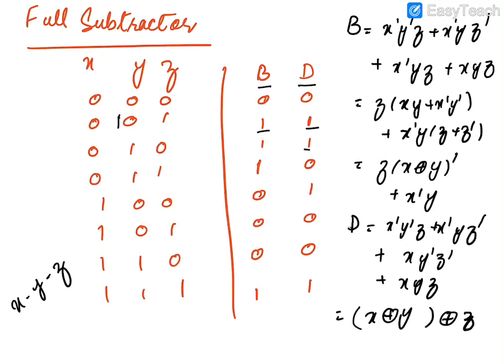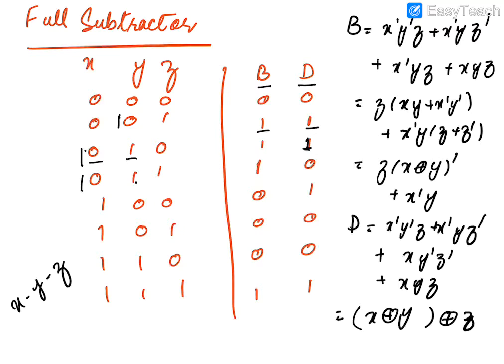For 0 minus 1 you have to borrow 1, 10 minus 1 will be equal to 1, and 1 minus 0 will be again equal to 1. So difference is 1 and borrow is again 1. For 0 minus 1 you have to again borrow 1, 10 minus 1, and again 1 minus 1 will be equal to 0 and borrow is 1.